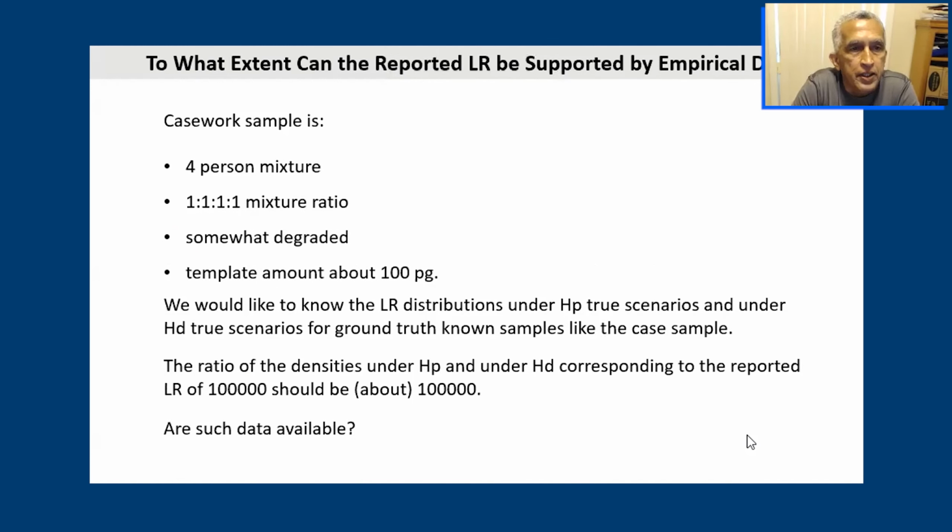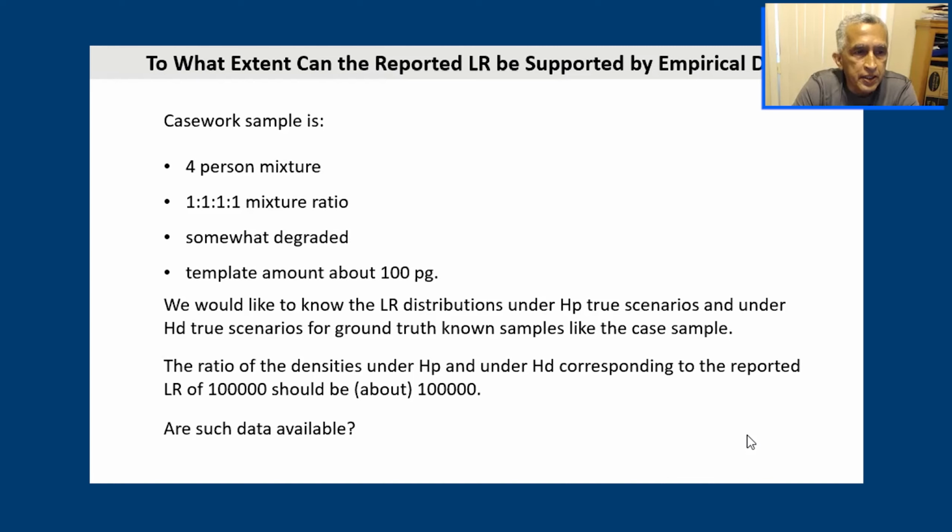The question we are interested in, and people should be interested in, is to what extent can the reported LR be supported by empirical data? So the reported LR in this case, not overall general performance. In this case, the casework sample is deemed to be a 4-person mixture, 1:1:1:1 ratio, somewhat degraded, with a given template amount.